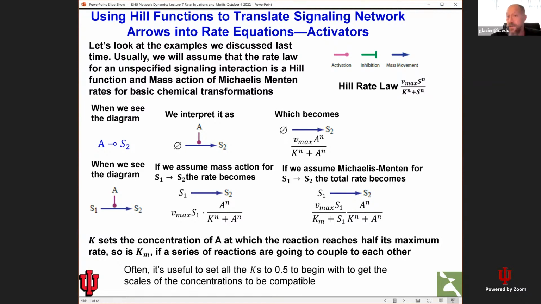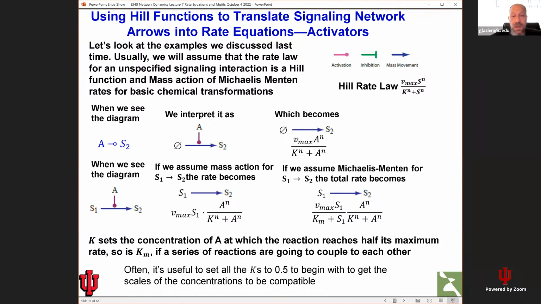So if you rescale your variables always by K, and you say we know that in reality some Ks are 10 micromolar, some Ks are 4 picomolar, and so on. But we know that the concentrations are going to be a few times K, K divided by 3 or 4. We're going to rescale all of our concentrations by their relative Ks. And then we'll say we're going to just set K equal to half for everything.